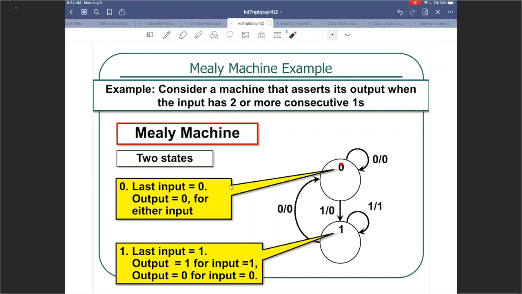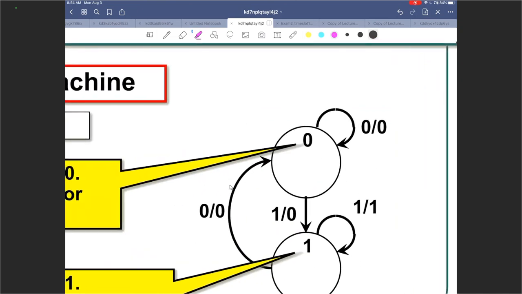So if you are here, by the way, it is a little bit confusing as to which one is the input and which one is the output. So I'm just going to clarify this. This one is the input here. And this one is the output. So on the arc, you have input / output.